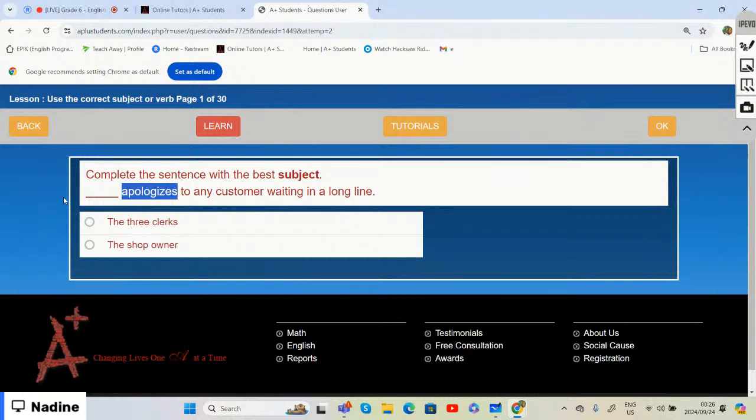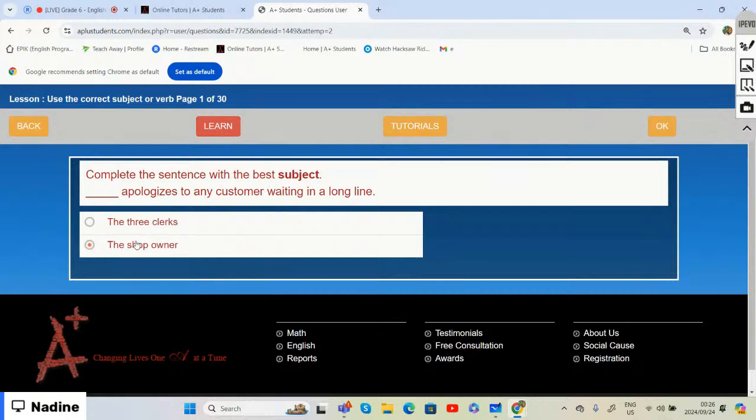All right. And if we were to choose the correct option, either option one, the three clerks, or option two, the shop owner, then we can say yes, option two.